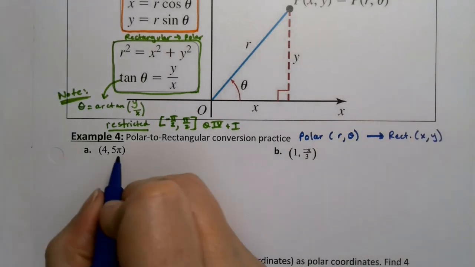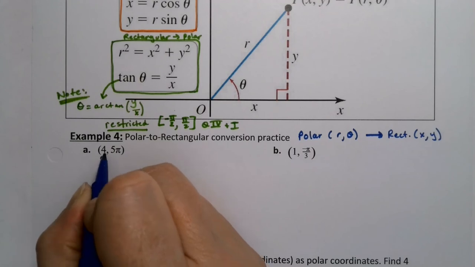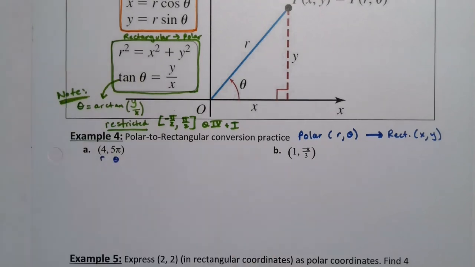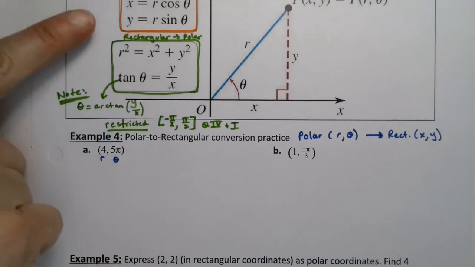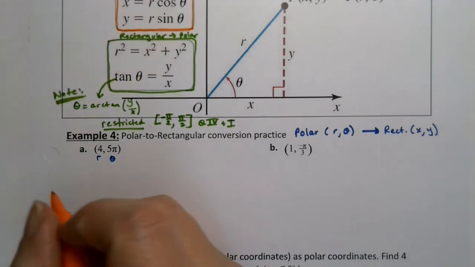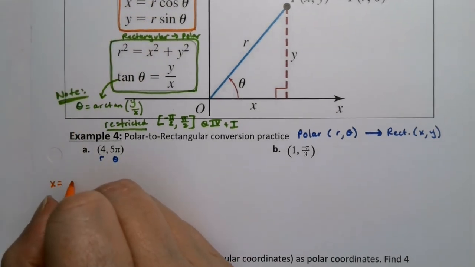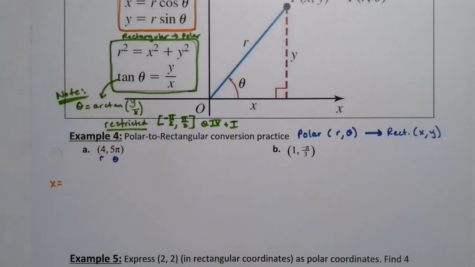So that means that for this point right here, r is equal to 4 and theta is equal to 5 pi. Okay, so if we look at the top bit right here, it says that if you know r and theta, then you can find x and y real easy. x is equal to r cosine theta. So that would be 4 times the cosine of 5 pi.